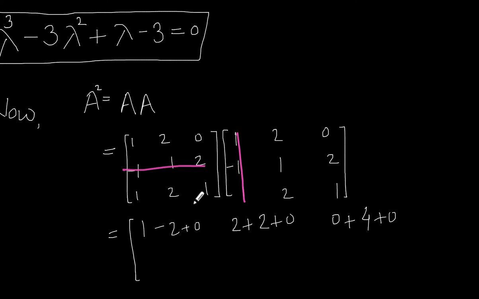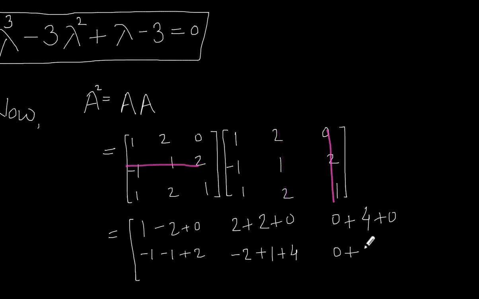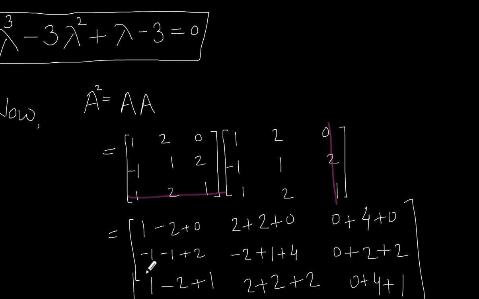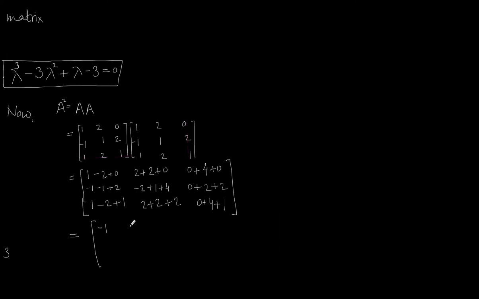Similarly, for the second row first column entry, second row second column entry, second row third column entry, third row first column entry, third row second column entry, and third row third column entry, just do the multiplication and simplify. You will get this A square matrix.